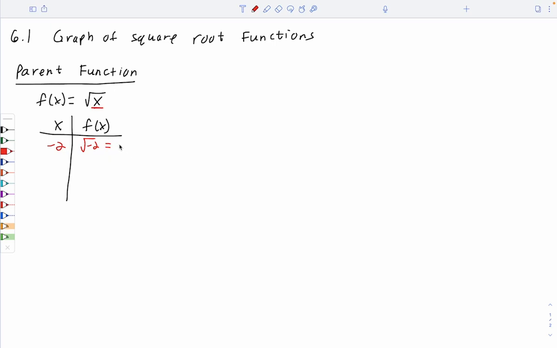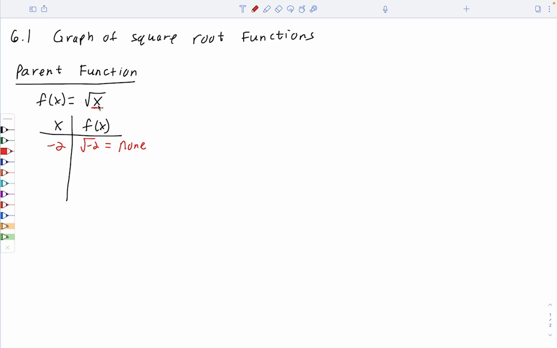The square root of -2 is an imaginary number, which does not exist on the real xy grid. So this would be none. That's actually nothing in terms of the xy grid.